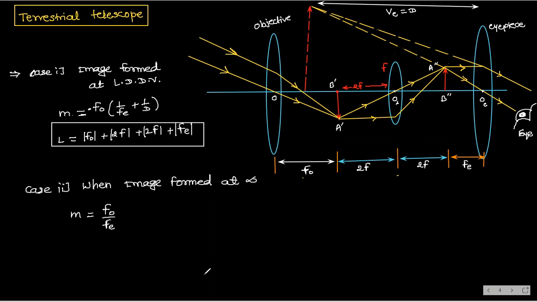Okay, and in this formula if you do not use the minus sign, it is also okay. Just take plus. Why? Because again it is coming on this side only, so the final image is on this side, so you just keep plus only in this case, no need of minus. According to sign convention you can use it, and m is equal to f naught by fe.